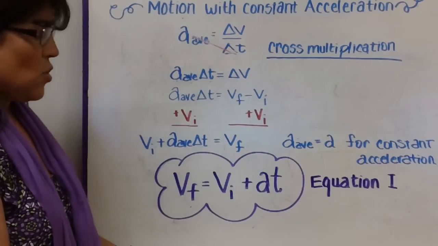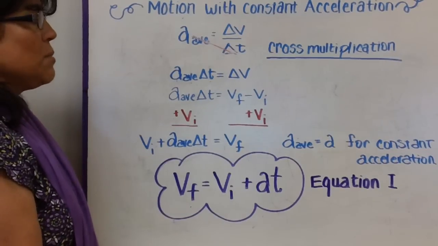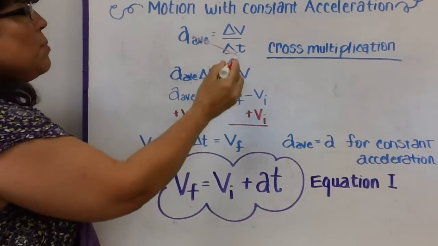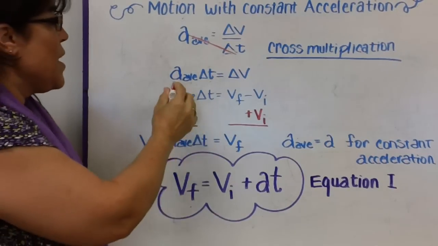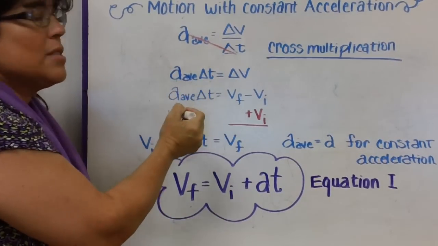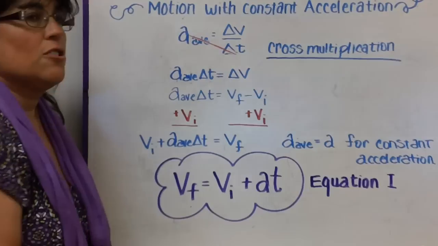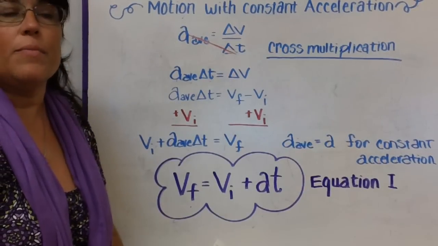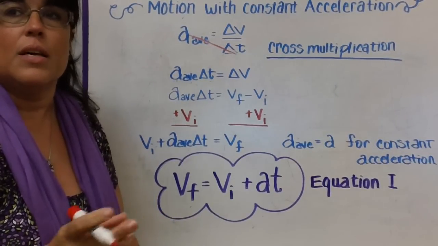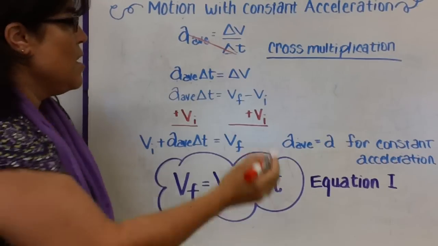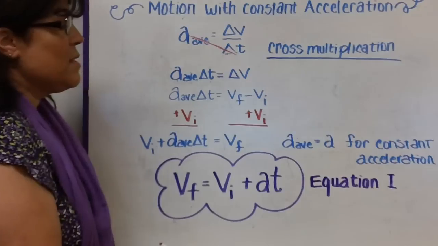So if I take this equation and I do a quick cross multiplication here, and I multiply the time by the average acceleration, I'm going to have an average acceleration times the change in time is equal to the change in velocity. Well, remember from the other sections that the change in velocity is just the final velocity minus the initial velocity. So right here we have the final minus the initial.